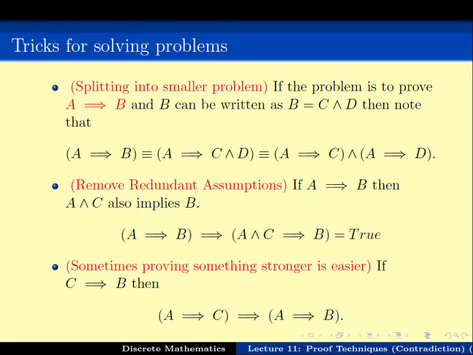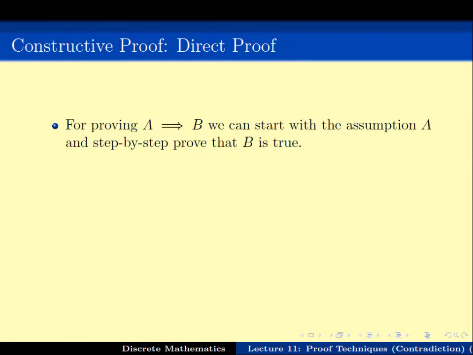Other than these 3 small tricks, we also started looking at constructive proofs, or what we call direct proofs. So there we had 2 different kinds of constructive proofs. First of all, there was direct proof.